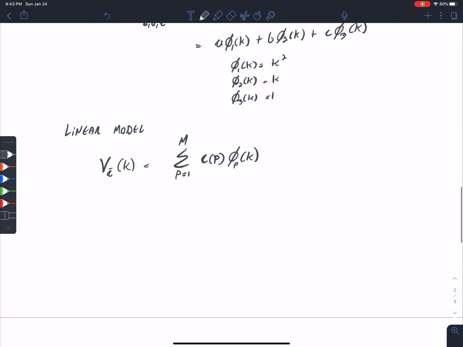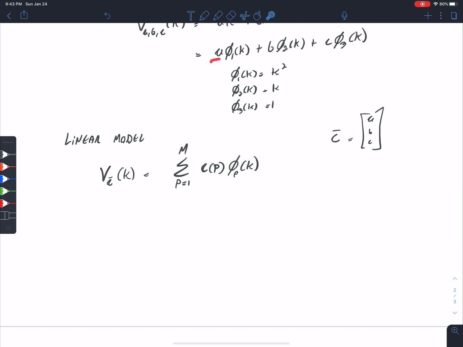In this case, our c vector for this particular example was the vector of a, b, and c from our model. So this is just a generic way to write a linear model. And as you can see, the coefficients appear linearly. There is no c squared, nothing nonlinear going on with those coefficients.